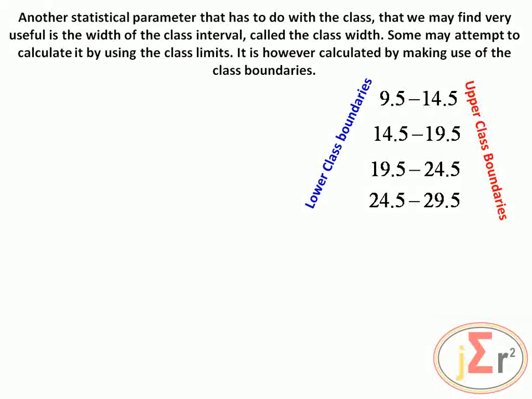Sometimes in statistics, you might have a problem saying, find or determine the width of the class interval. Students just jump straight ahead and they subtract the lower class limit from the upper class limit. That is not to be done. We will find the width of the class interval by subtracting the lower class boundary from the upper class boundary.